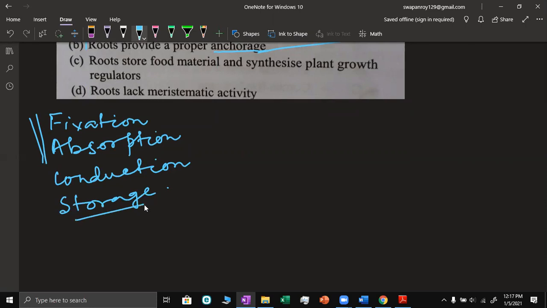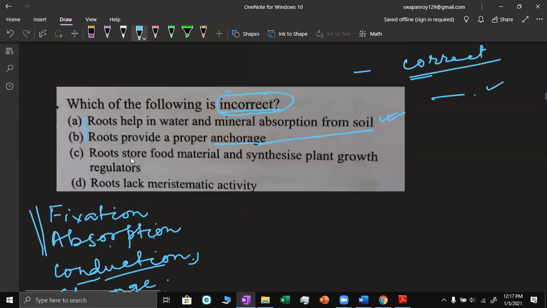Storage stores food material, and conduction transports the absorbed water and mineral from the root to the stem. So there is conduction also, and storage. Of course, not all roots carry out storage. Root stores food material and synthesizes plant growth regulator.